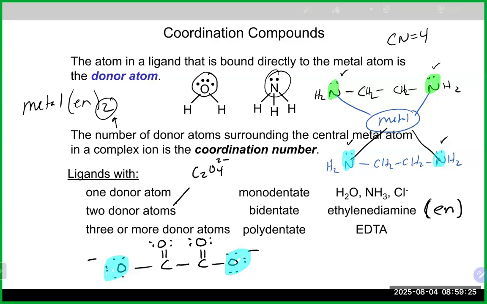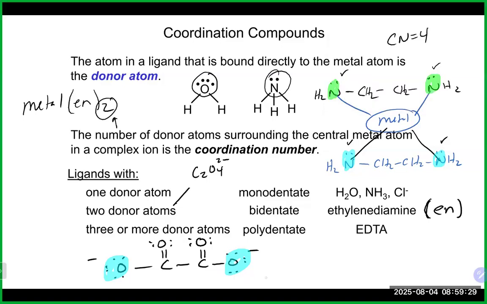So once again, much like the ethylenediamine, you get a 2-for-1 situation here where it will attach through both of those oxygens to the metal. So you do have to adjust for it. Again, oxalate and ethylenediamine are probably your two common bidentate ligands. There are others, but those are very common ones.